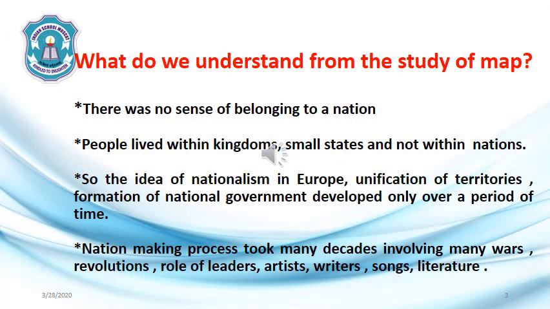So what do we understand from the map which I have shown just now? We understand that there was no sense of belonging to a nation amongst the people. People didn't have any such national sentiment. People lived within kingdoms, small states, but not within nations.